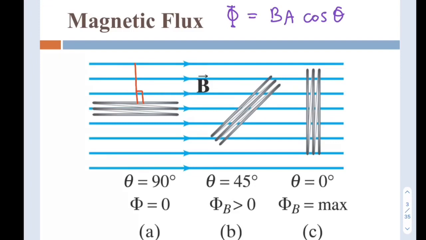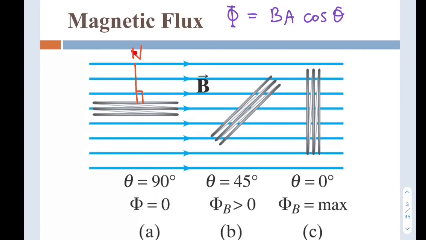So the angle between the B and the normal line is actually 90 degrees. So cos 90 is equivalent to 0, causing the flux to be 0. The flux unit is Weber. And here the angle is 90 degrees.